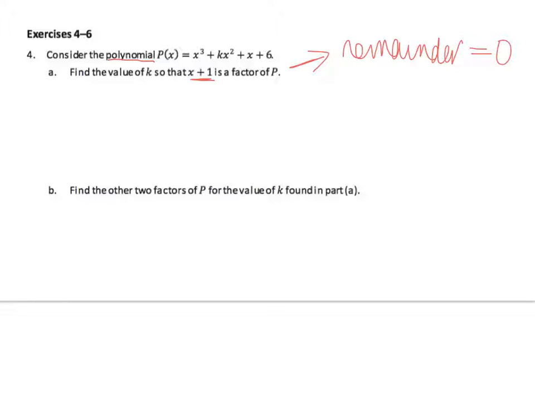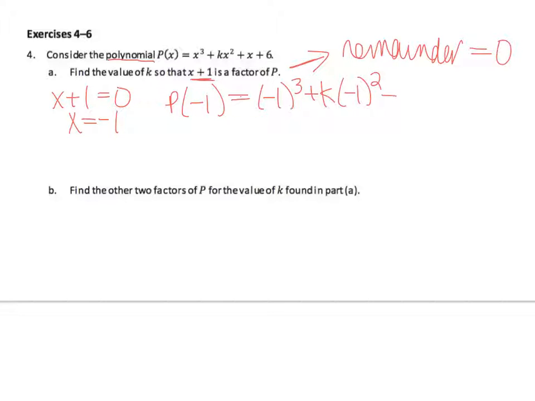So since x plus 1, we solve that for x equals -1, we must have p of -1 equals -1 cubed plus k times -1 squared plus -1 plus 6.